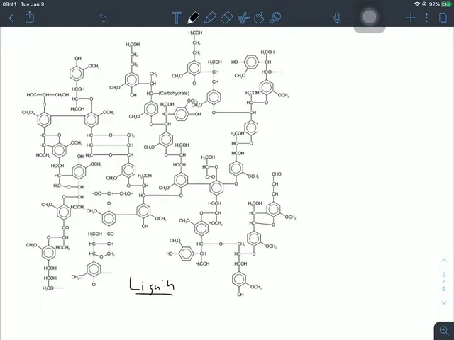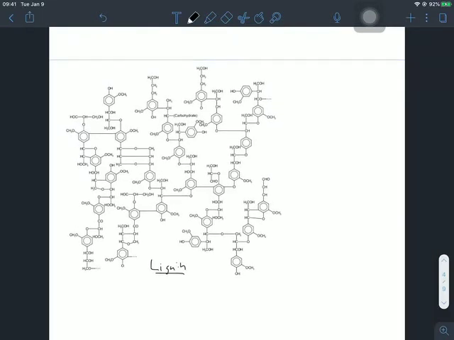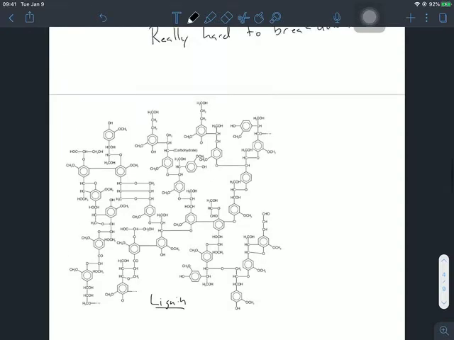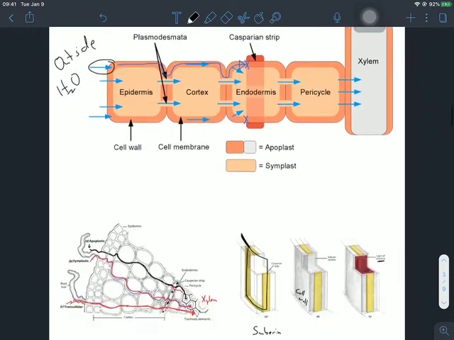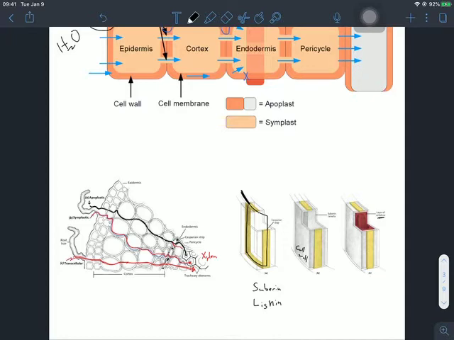But there are things that can break it down, namely some fungi. So we're actually going to end our lecture today by talking about fungi and their role in this entire pathway of water absorption. Because as we've talked about previously, yeah, sure, plant roots do an okay job of absorbing water.